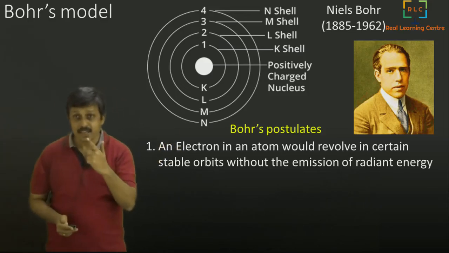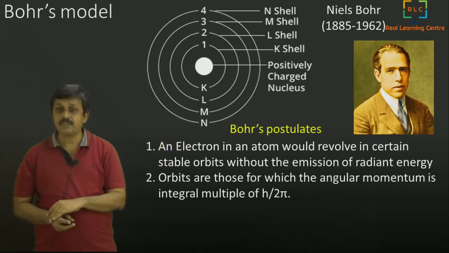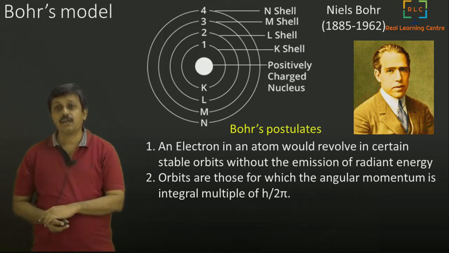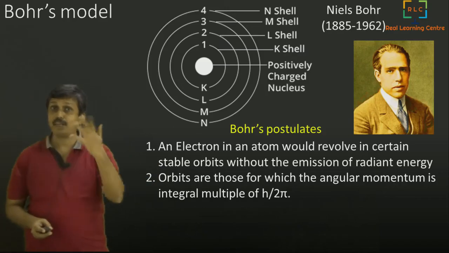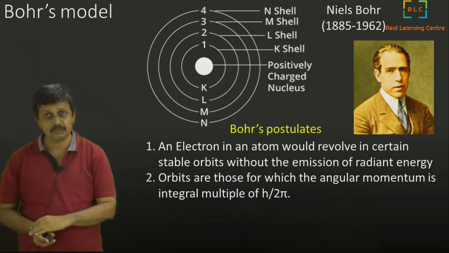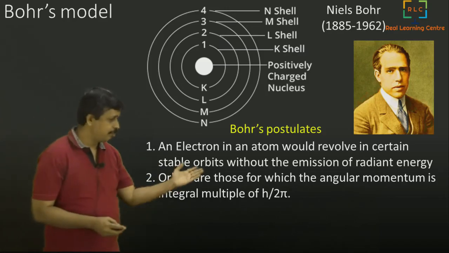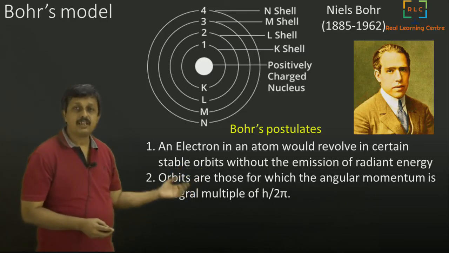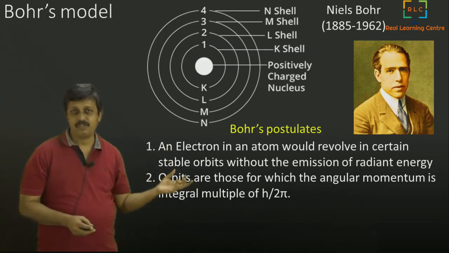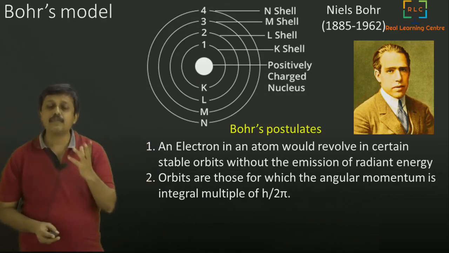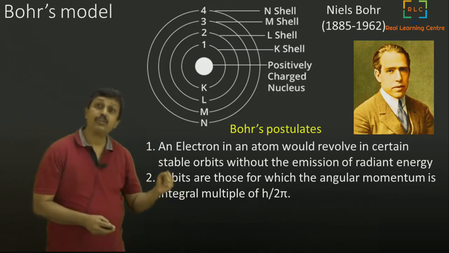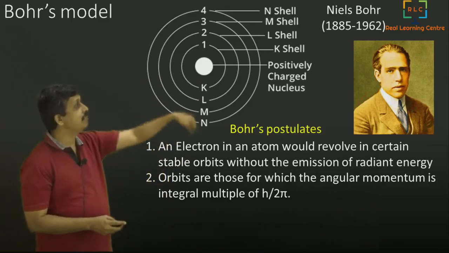However, he says that these orbits are those for which the angular momentum is an integral multiple. See, he even came up with the mathematics of how to calculate these orbits. If you take h, Planck's constant, divided by 2 pi, and the angular momentum, when it goes around, is an integral multiple of this, only in those cases can it have a stable orbit.